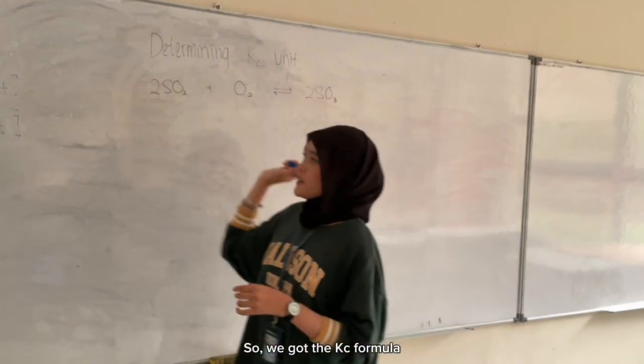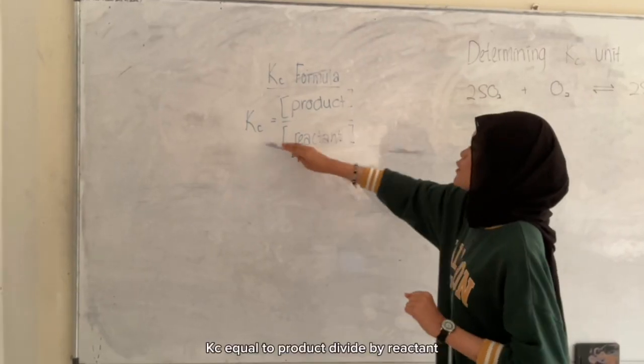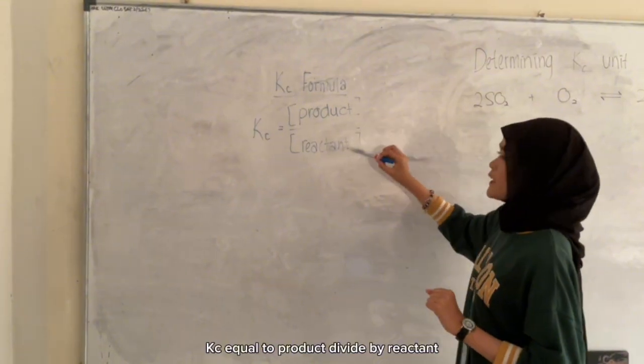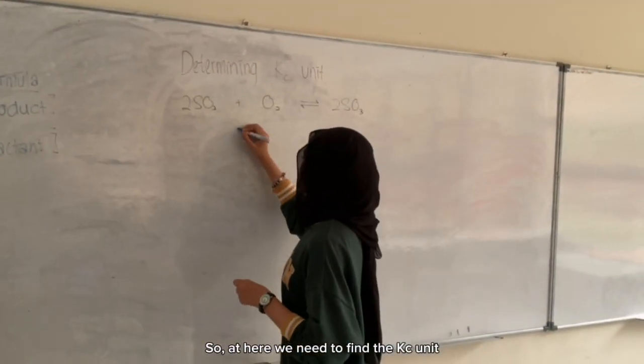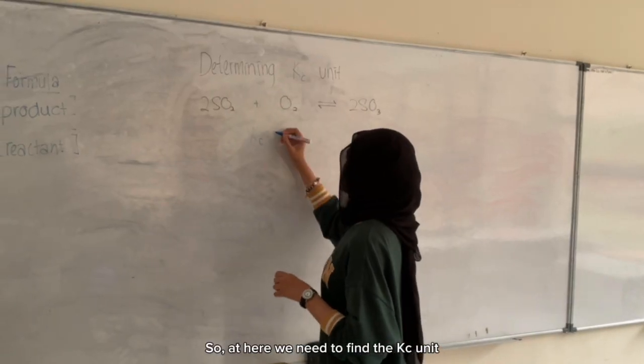So we have the Kc formula. Kc equals product divided by reactant. Here we need to find the Kc unit.